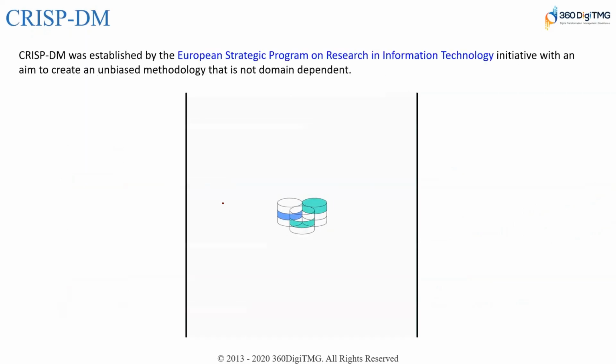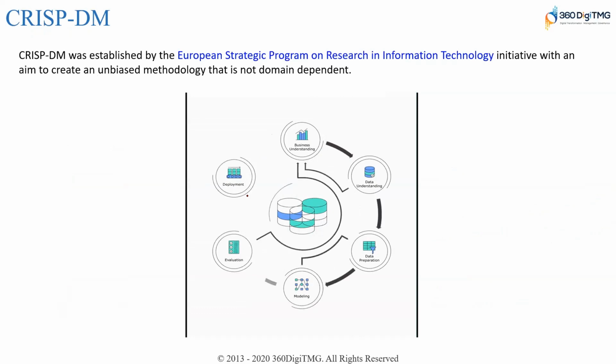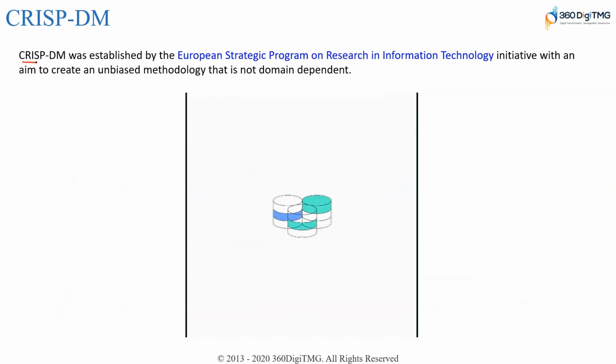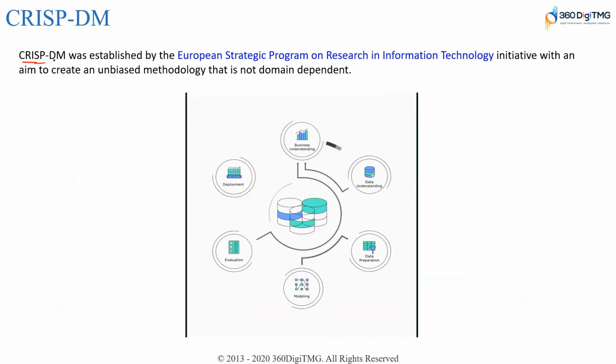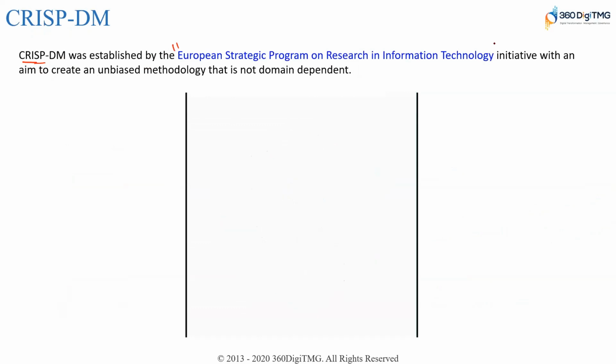And then my favorite, right? Undoubtedly, this is something that I like the most. CRISP-DM, cross industry standard process for data mining, or cross industrial standard process for data mining, however you want to call that. This was established by the European Strategic Program on Research in Information Technology.